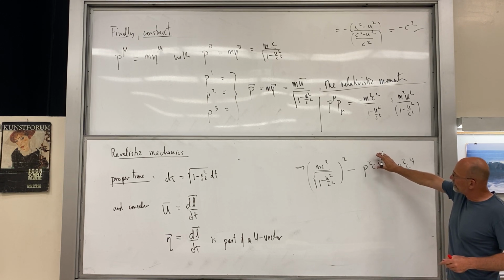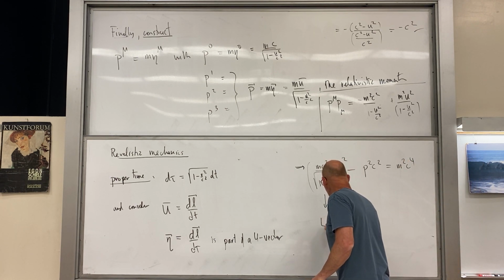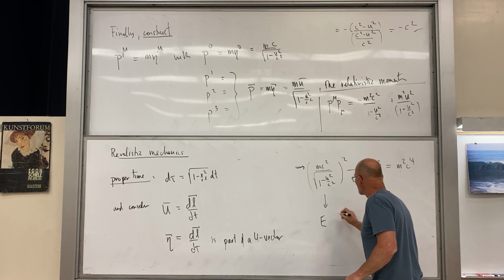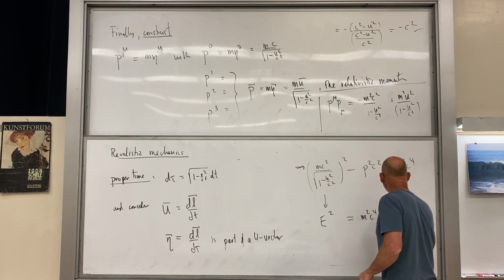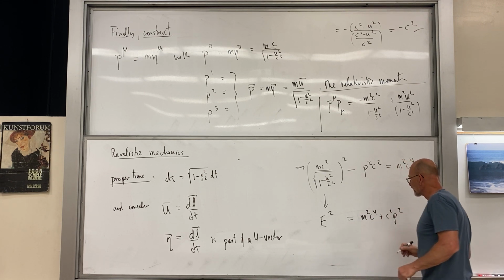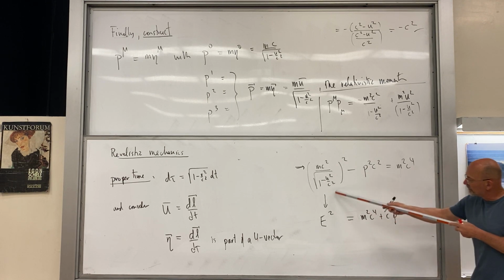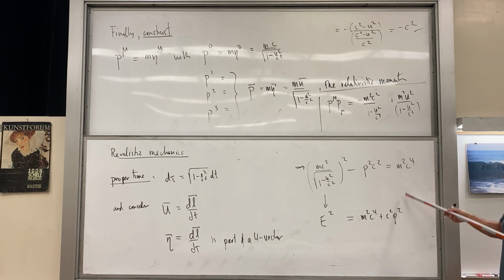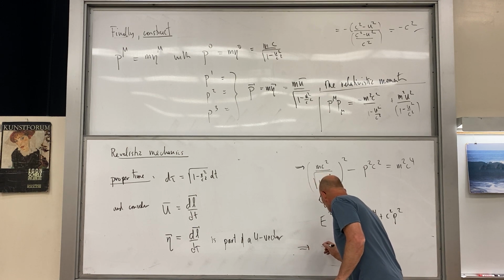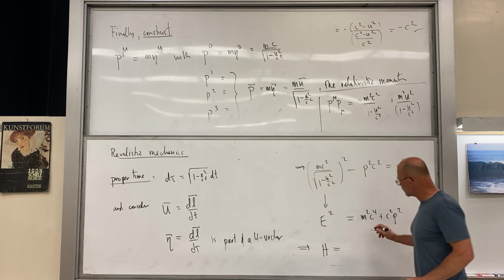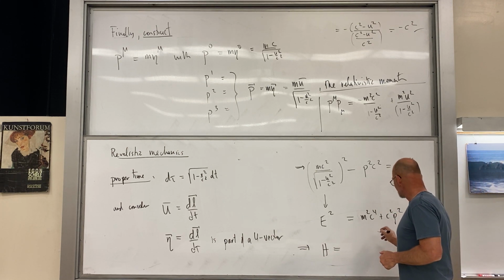And from here we could go to our relativistic Hamiltonian. So this here was E squared equals m squared c to the 4th plus c squared p squared. And since this side was represented in terms of v and this side was represented in terms of p, then we take the square root. And you could say we're back to our Hamiltonian, which we derived by a different algebraic route, but identical content here.